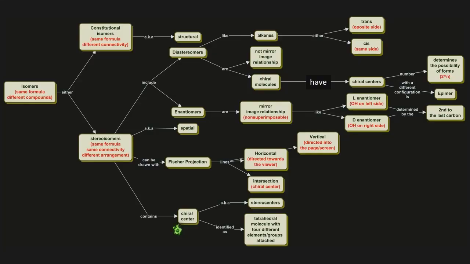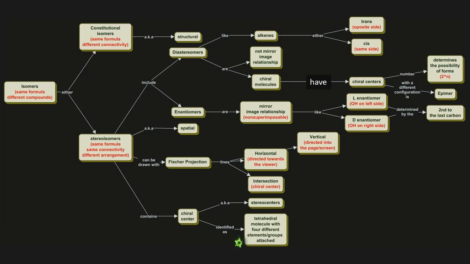Now let us look deeper into the characteristics of stereoisomerism. Stereoisomers also contain chiral centers. Chiral centers, or carbons found at the centers, are also known as stereocenters. How are we going to identify a chiral center or stereocenter?